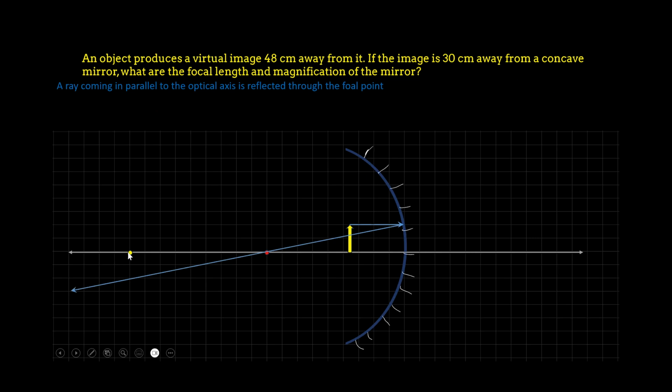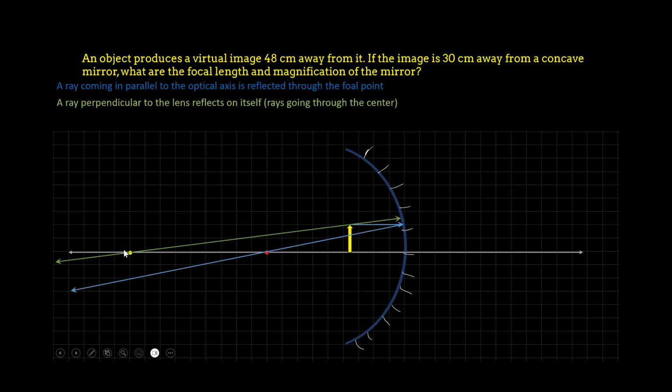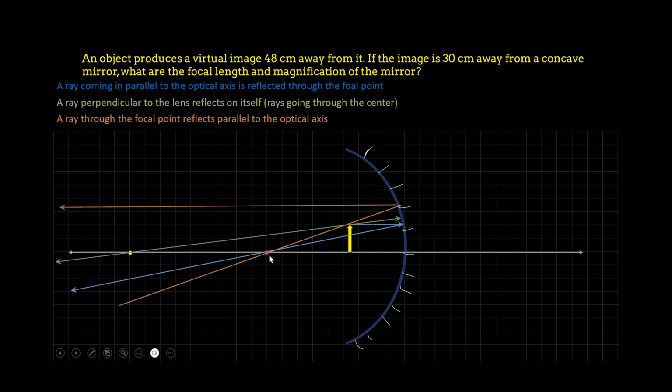A ray through the center bounces back on itself. And then a ray through the focal point comes out parallel. They don't meet here. They meet on the other side. Here's the extension of the blue ray, here's the extension of the reflected green ray, and here's the extension of the orange ray. And they meet all over here. There it is.